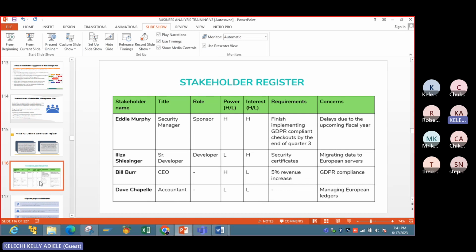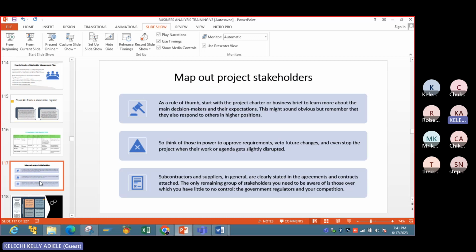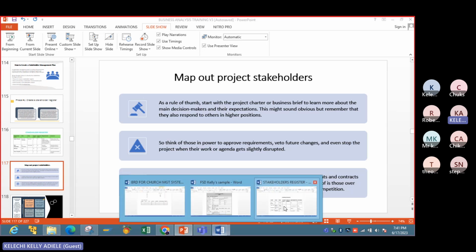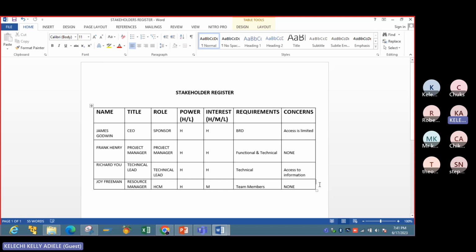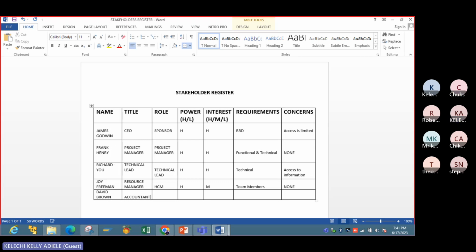Okay, so once you have come up with your stakeholder register, another thing you need to do is mapping, to map your project stakeholders. Let me add, we have David Brown, accountant, role finance.